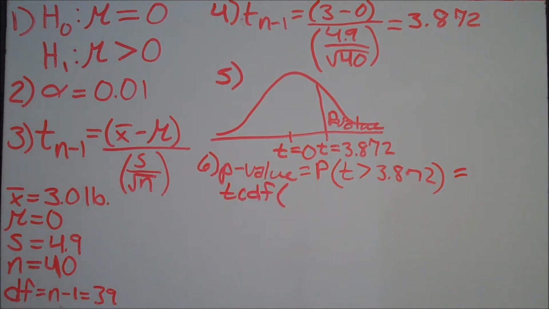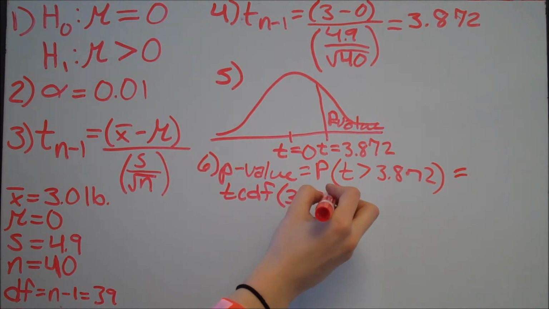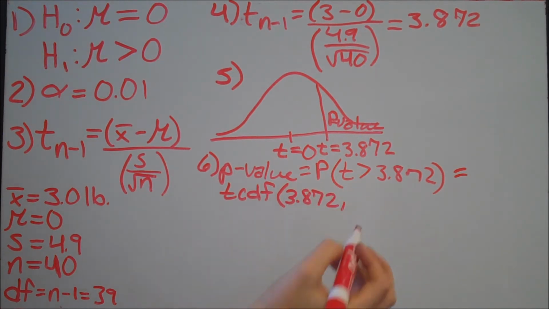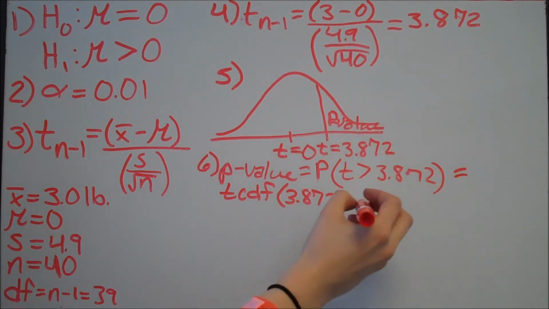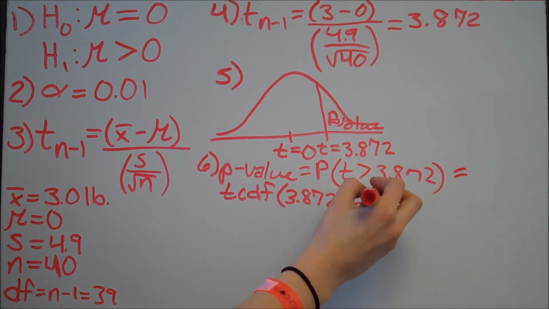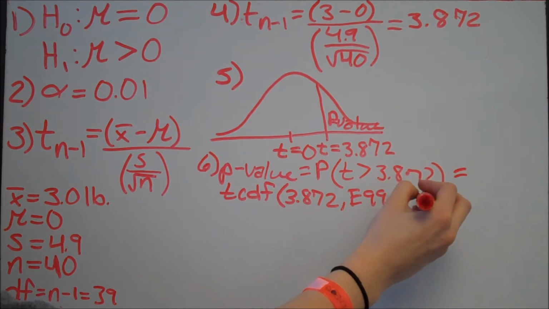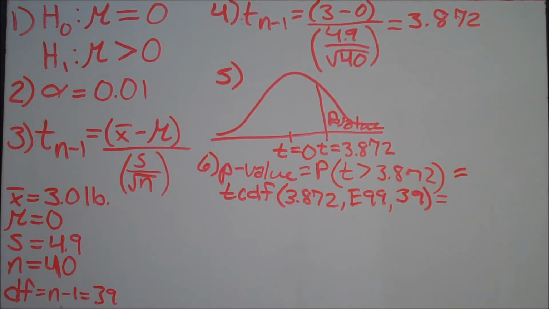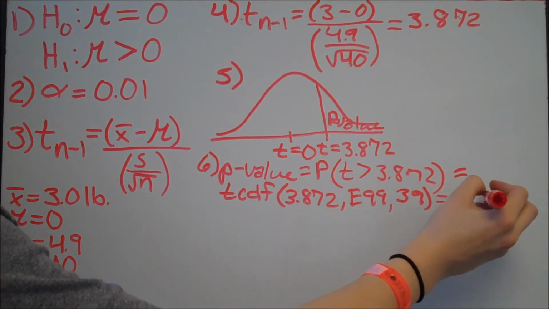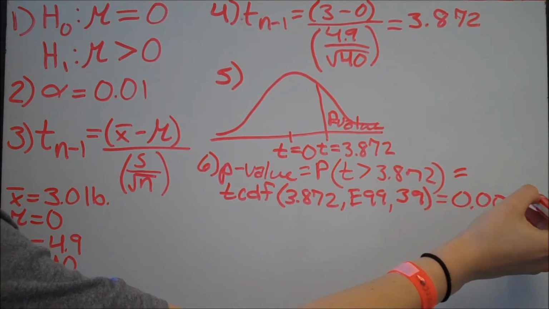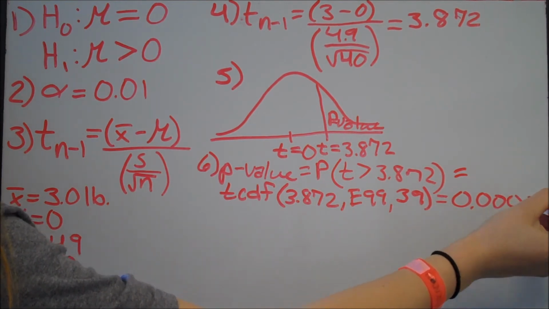You put in your left bound, which is 3.872, and your right bound, which goes all the way to infinity, denoted as E99. Then you also include your degrees of freedom, which we wrote over here, 39. You should get, as your p-value, 0.0002.